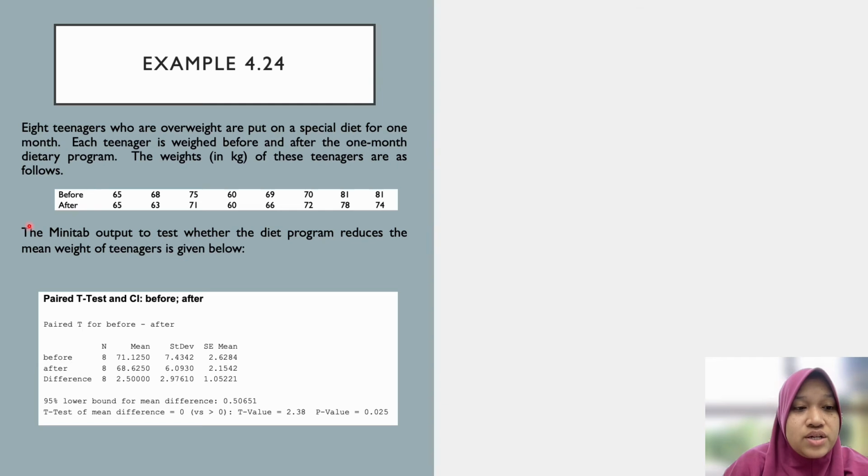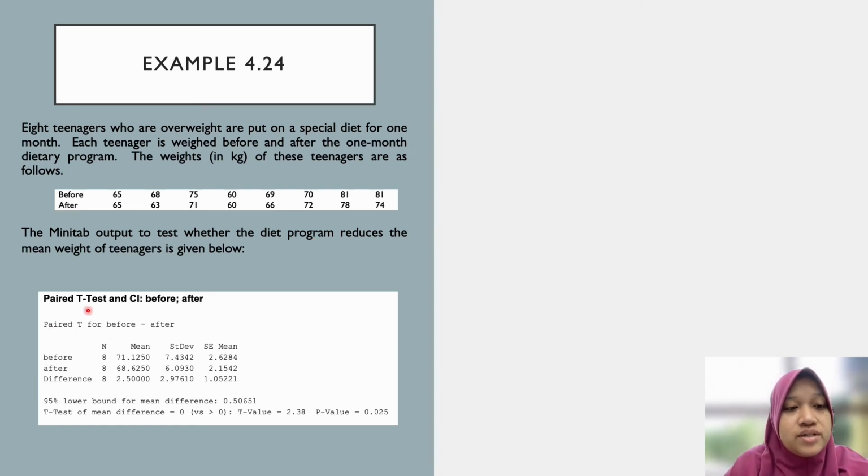So we have this raw data set, and then the Minitab output to test whether the diet program reduces the mean weight of teenagers. If the diet program reduces the mean weight, meaning that the weight before is greater than the weight after. Sebab kita nak tengok adakah the dietary program reduce the weight of the teenagers.